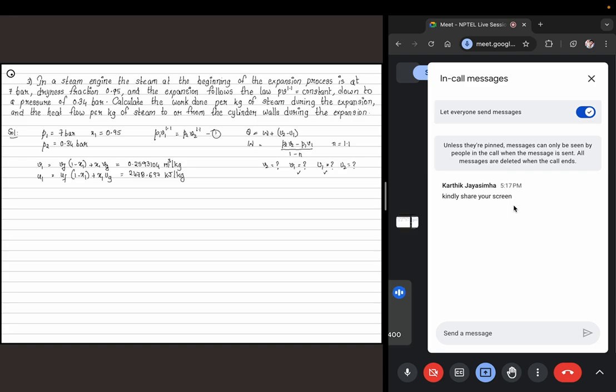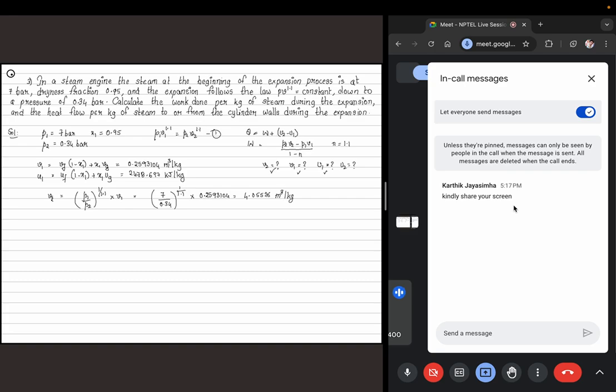So I use this equation, and I can calculate V2 as P1 by P2 to the power 1 by 1.1 times V1. So I have my final volume.